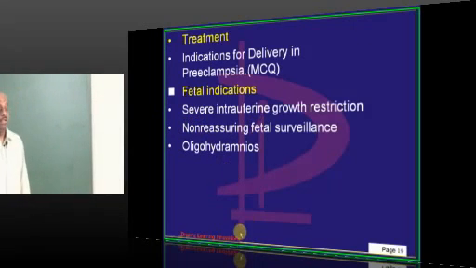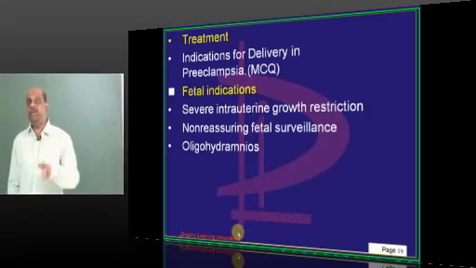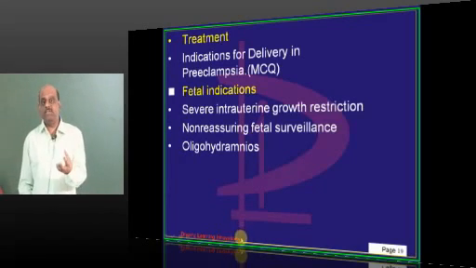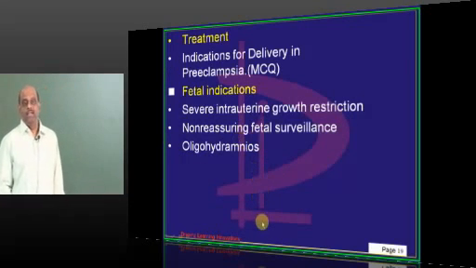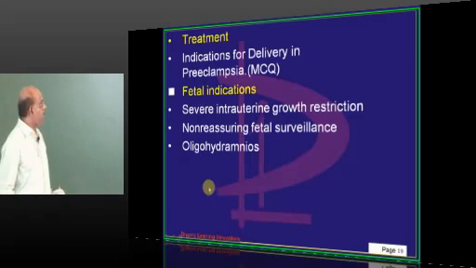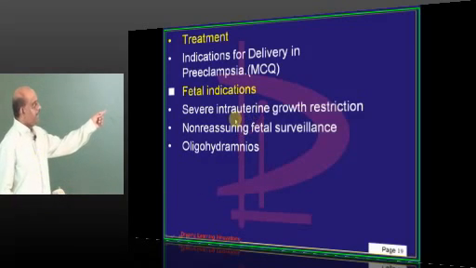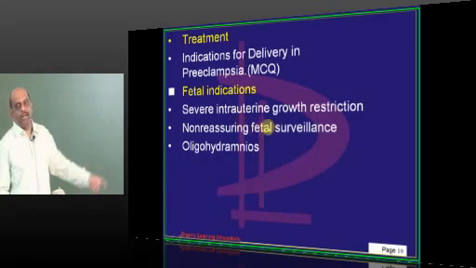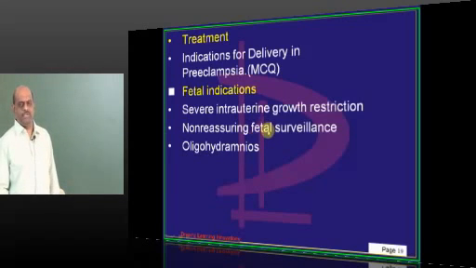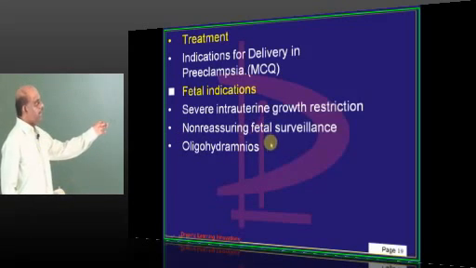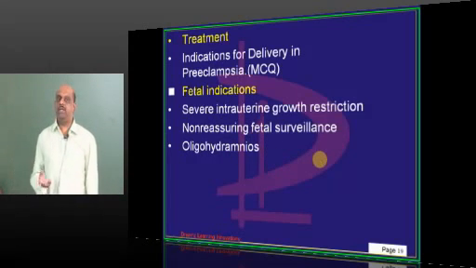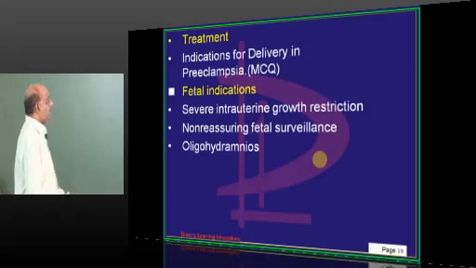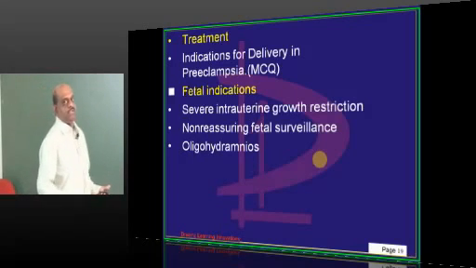Now in what situation do you need to speed up the delivery of the baby? What are the indications in the fetus for emergency delivery of the baby? Suppose the baby is having severe intrauterine growth retardation, severe IUGR, or if the fetal tocogram is showing a non-reassuring pattern, or if there is oligohydramnios.